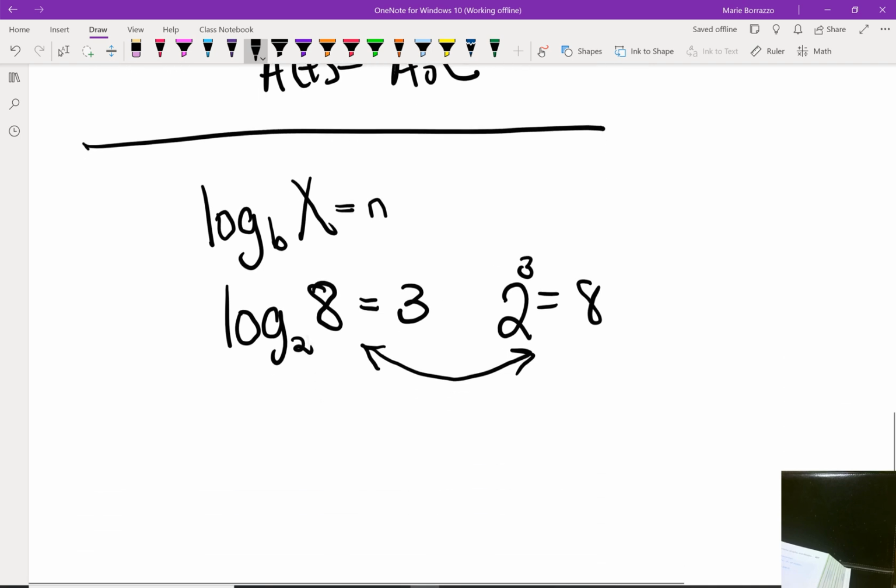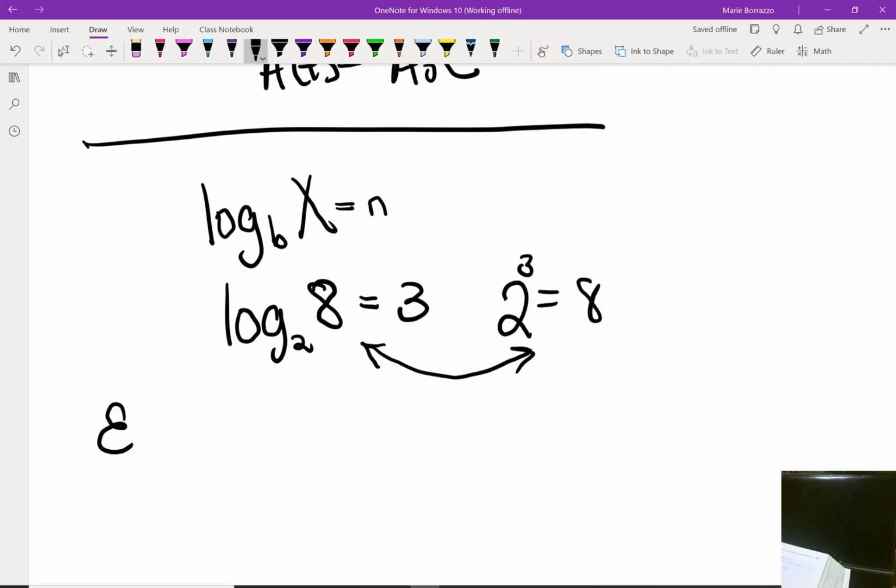So in example 3 in your textbook, they actually go back to the PERT formula, where A is equal to P times natural base e raised to the r times t. They start with the question: suppose that a certain amount P is invested at an annual rate.